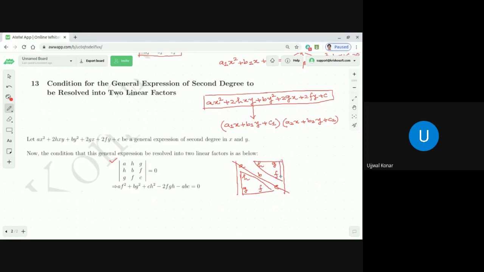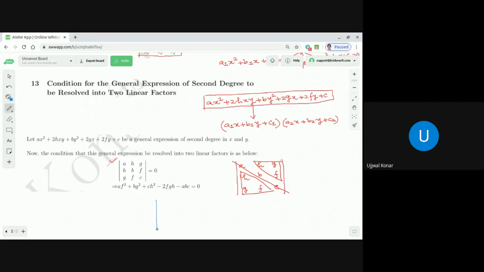Correct, dear students? So the simple way to write the determinant is, let me write in a different color once more so that you can remember, because this is important. The style of writing is also very important.